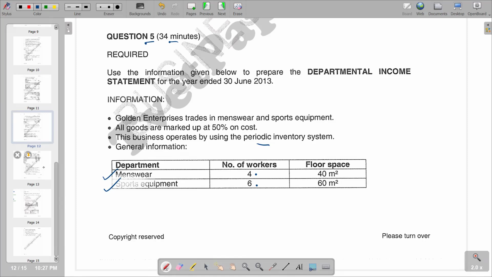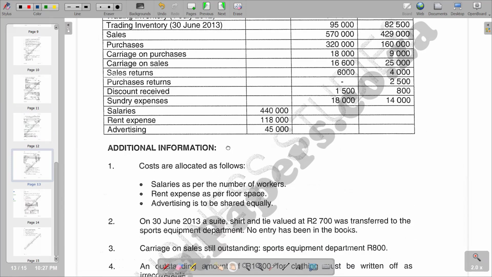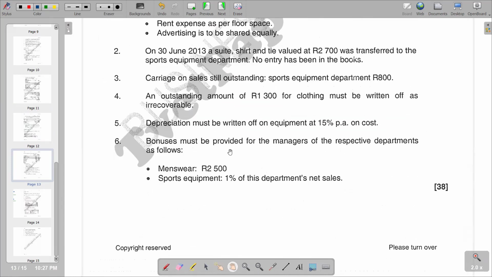Going forward, we are given balances with a menswear department column and a sports equipment department column. We take note of that. Beneath that, we have additional information which you need to go through before you start to answer the question.